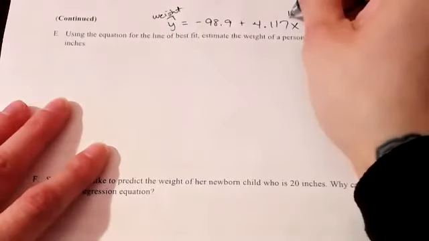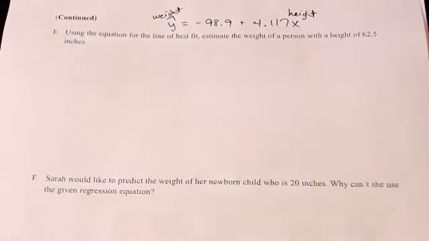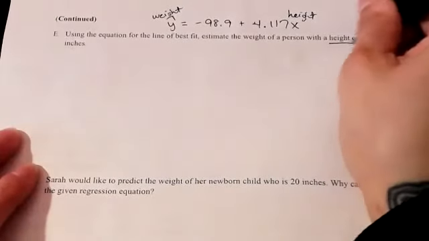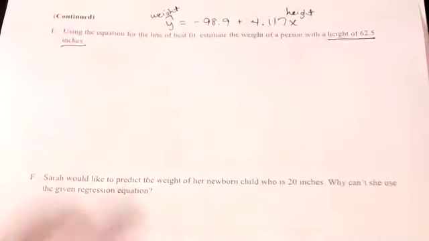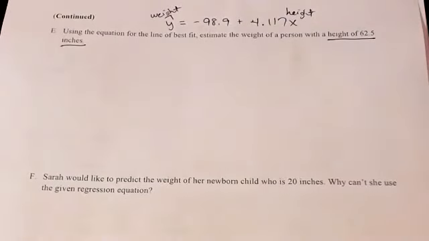Recall that y hat represents our weight and our x represents our height. It's always helpful to kind of jot that information down just so that we feel confident about moving forward. So using that equation, we want to estimate the weight of a person with a height of 62.5 inches. That is the information that we are given.